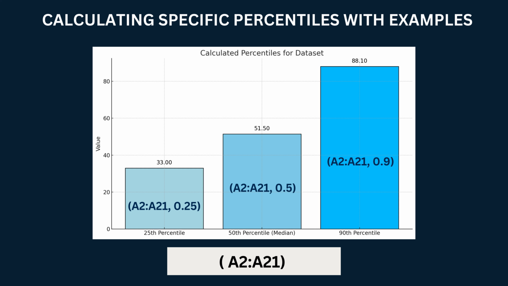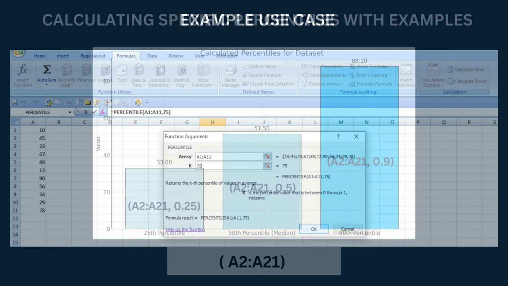Calculating the median, 50th percentile. Formula equals PERCENTILE.INC, A2:A21, 0.5. This returns the median value, where half of the data points fall below it. Calculating the 90th percentile. This returns the value below which 90% of data points fall, excluding extreme values.